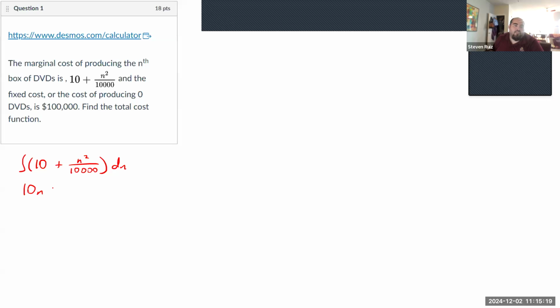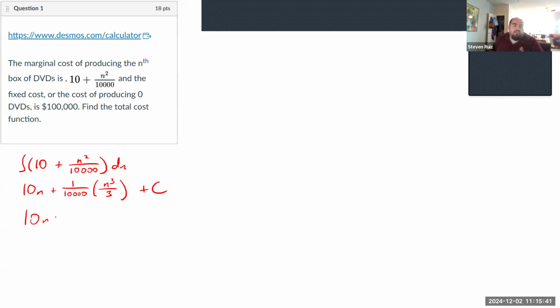So that'll be 1 over 10,000 times n cubed over 3. And when I take an integral, I always have to have an arbitrary constant of integration. So now we can do some simplification.